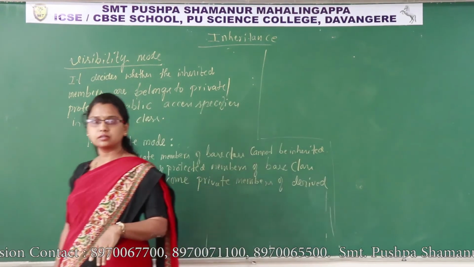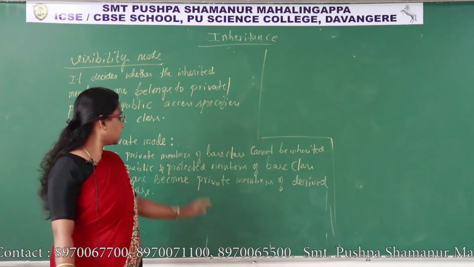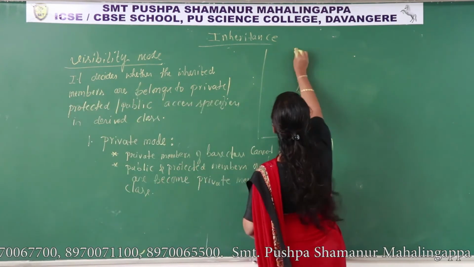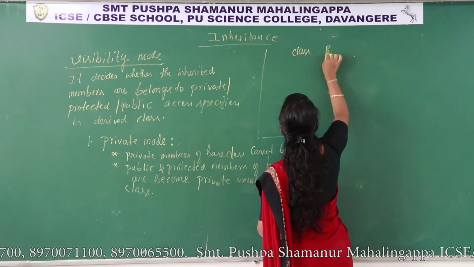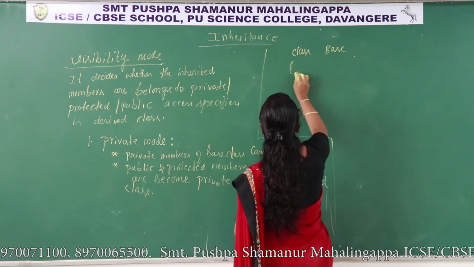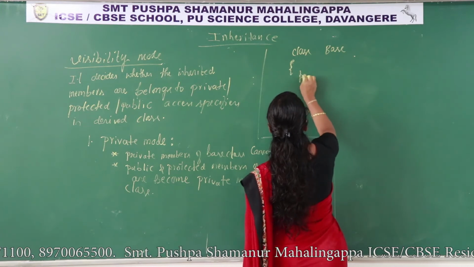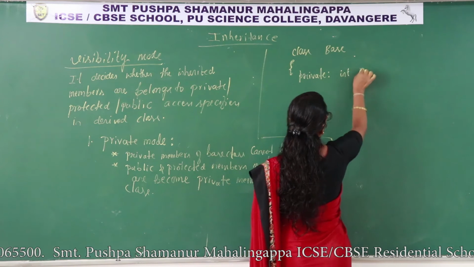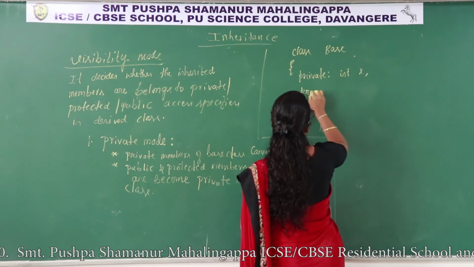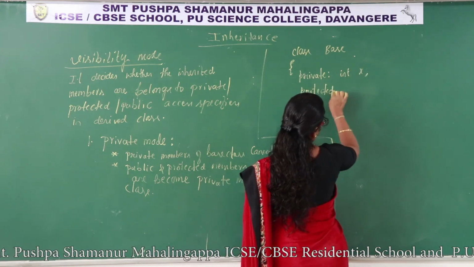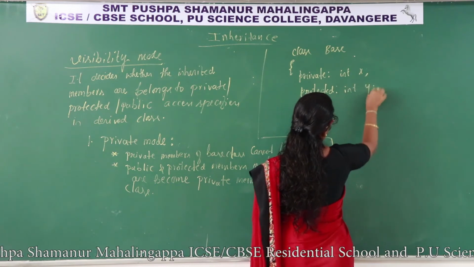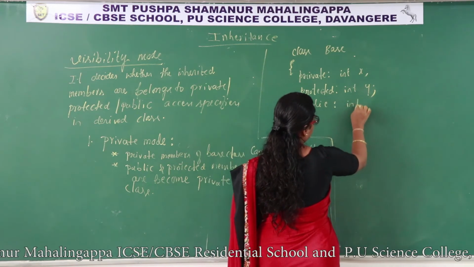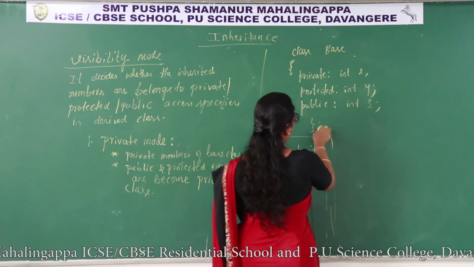Class base, name of the class is base. In the private section int x, protected int y, and in the public section int z. I'll take 3 data members here.